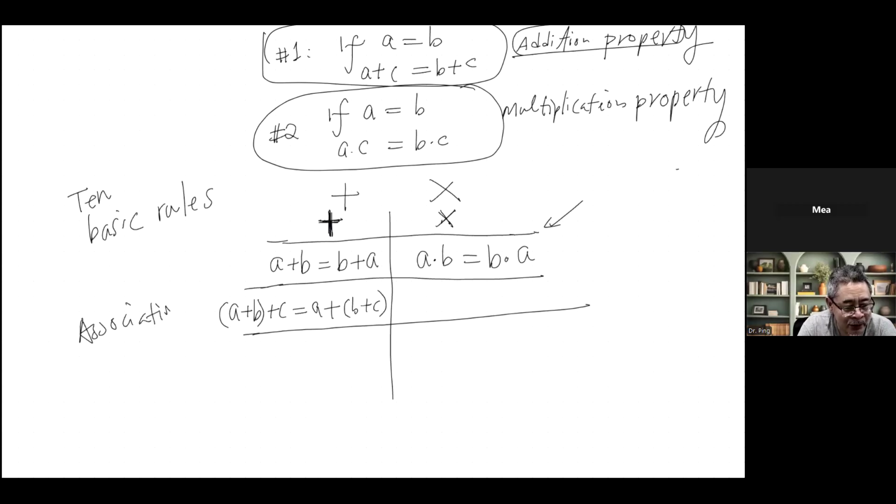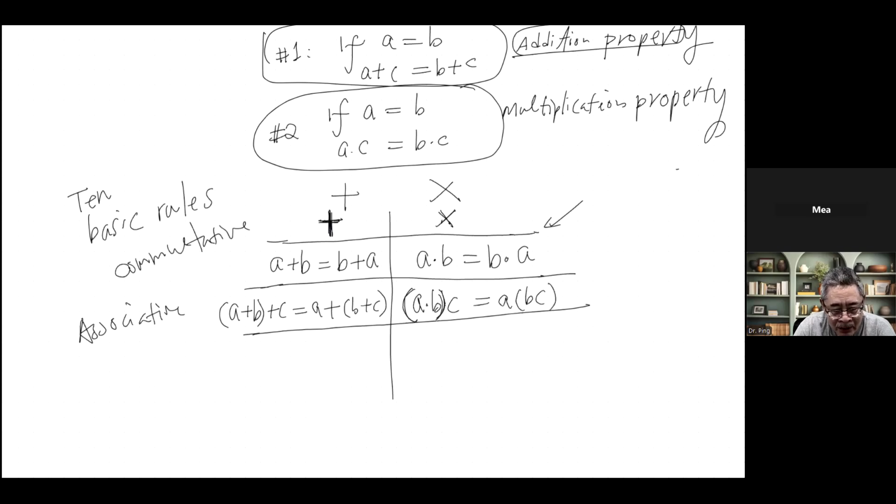This top one is commutative. Okay, times as multiplication, A times B times C, and it really doesn't matter which goes first. When we use the parentheses, it means we do that first. And so it really doesn't matter which two we multiply.